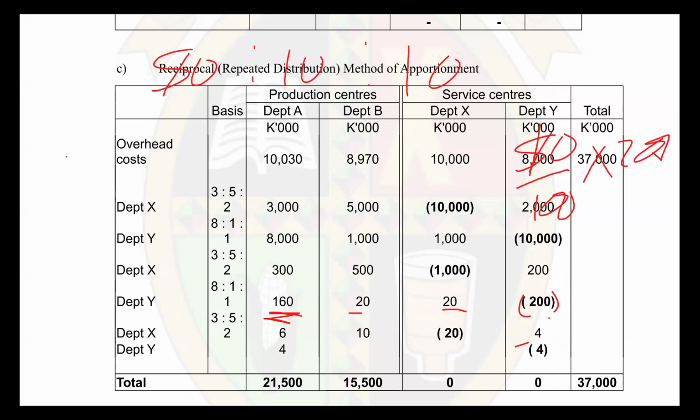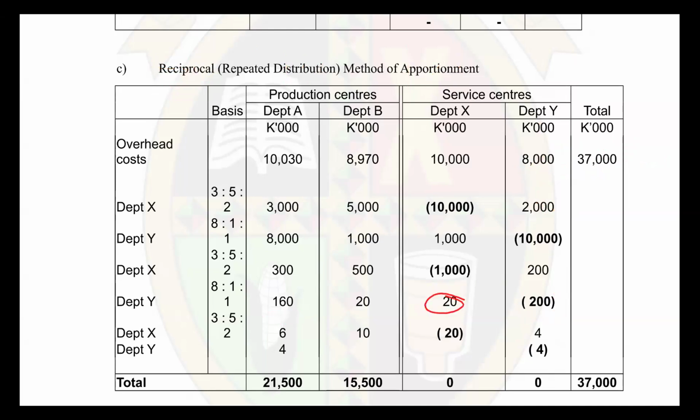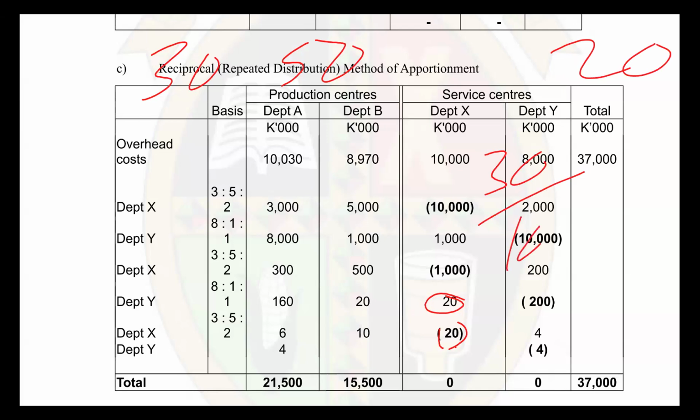Now, you've seen this 20 which is in X. X is a service center again. We don't need the 20 there because it's a service department. It should be distributed again. So we are distributing the 20. This is X, and X distributes at what basis? It is 30%, 50%, and 20% to Y. So you say 30% over 100 times 20.